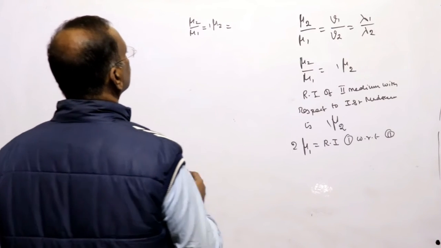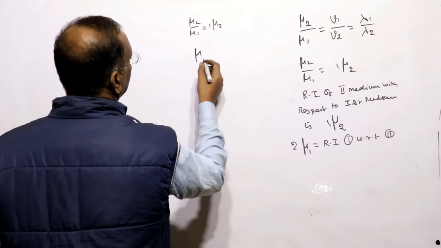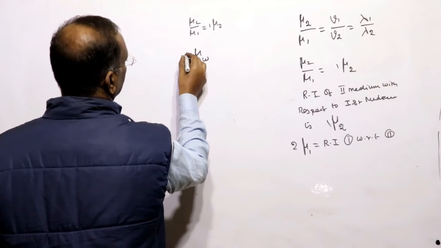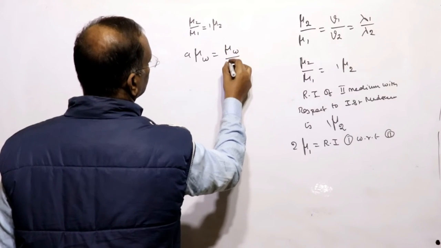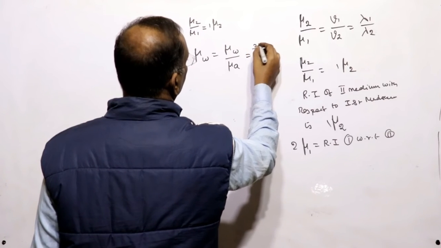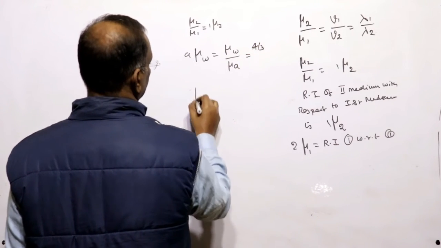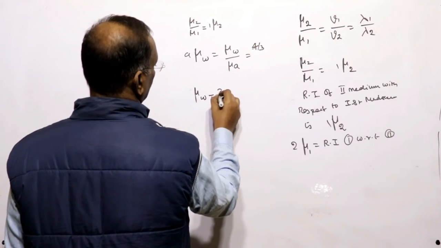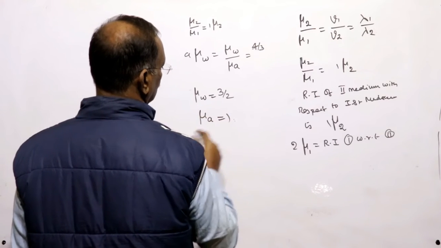So we can say the refractive index of water with respect to air is equal to refractive index of water by refractive index of air. Refractive index of water is 4 by 3, and refractive index of air or vacuum, free space, is equal to 1.